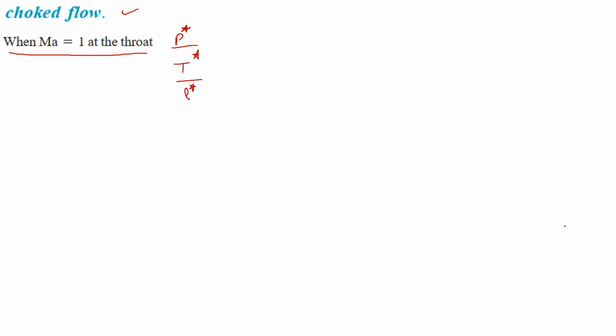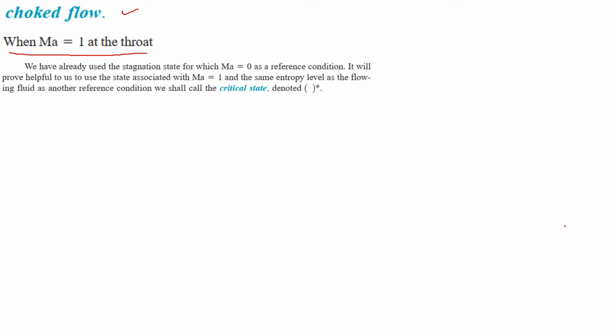So now we have a very interesting scenario in which we can find these state properties at the throat of the nozzle. As we already discussed, we have used the stagnation state, for which the Mach number is 0, as a reference condition. It will prove helpful to use the state associated with Mach number 1.